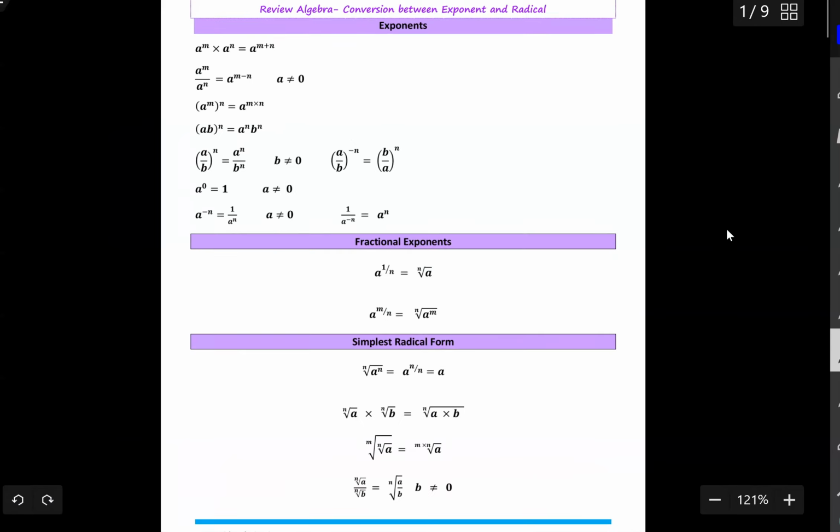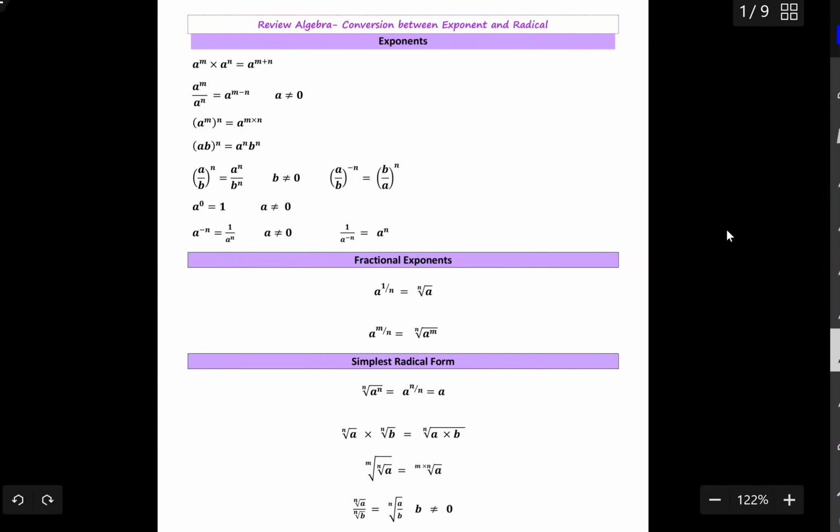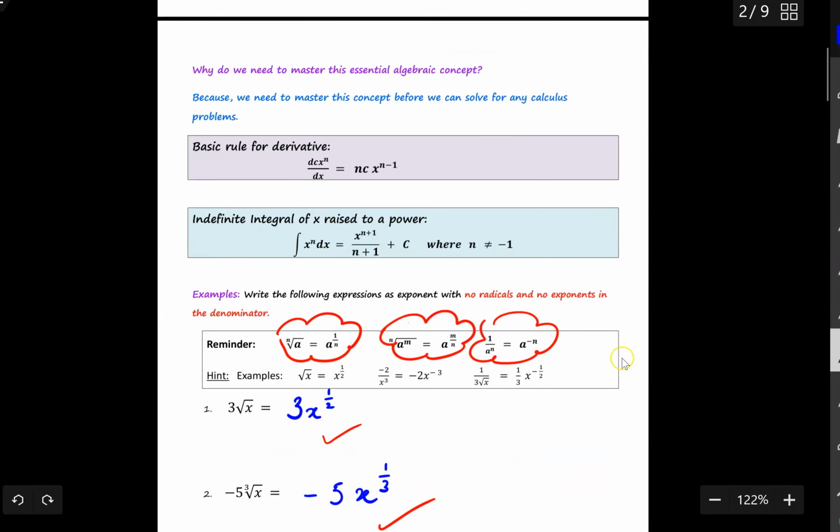We were reviewing the algebra, the conversion between exponents and radicals. We went over these exponential formulas and the relationship between exponents and radicals, and we converted all of this from radicals to exponents. So basically that's exactly what we did, right?